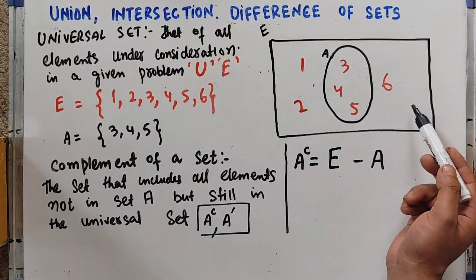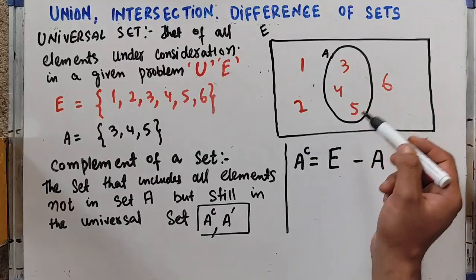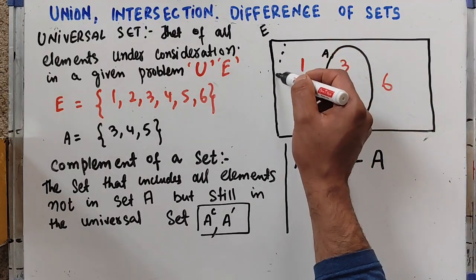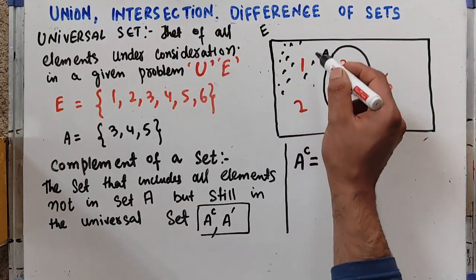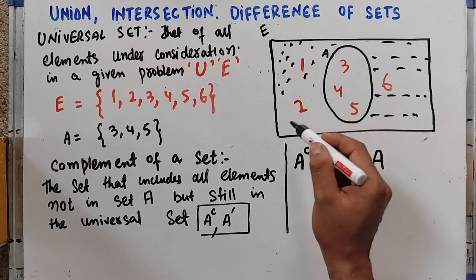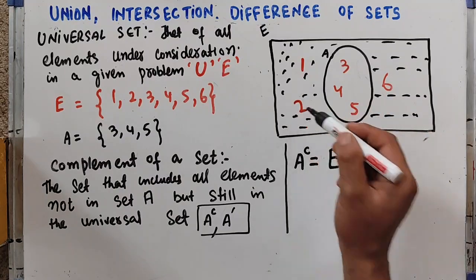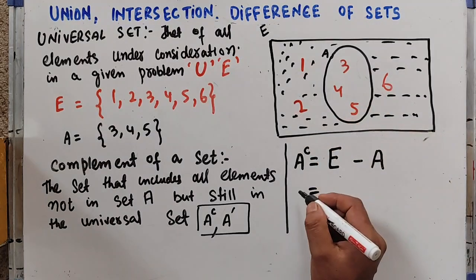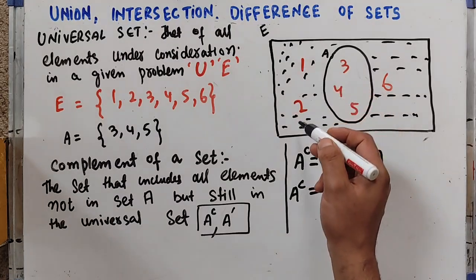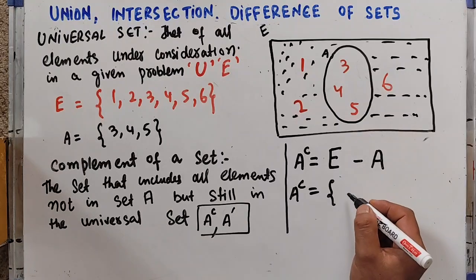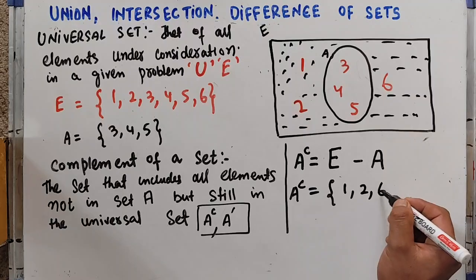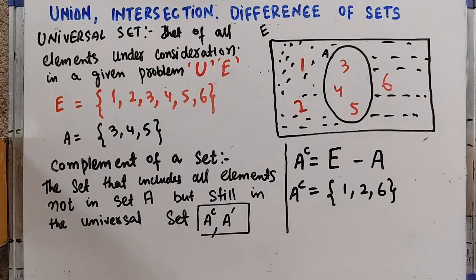All the elements that are not in set A but are still in the universal set will be the A complement. So A complement will be this very region excluding the set A. The elements in A complement will be 1, 2 and 6. They will be the A complement here.